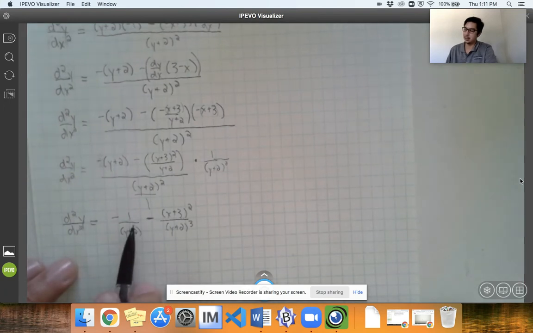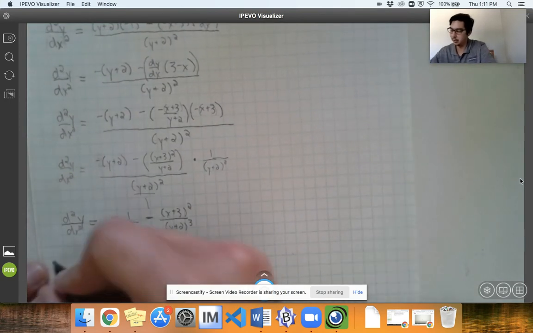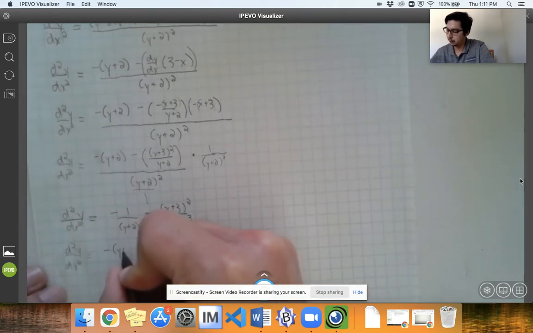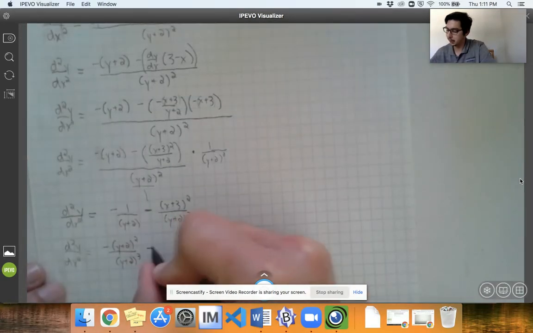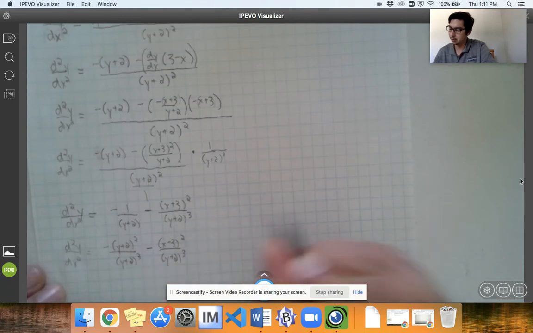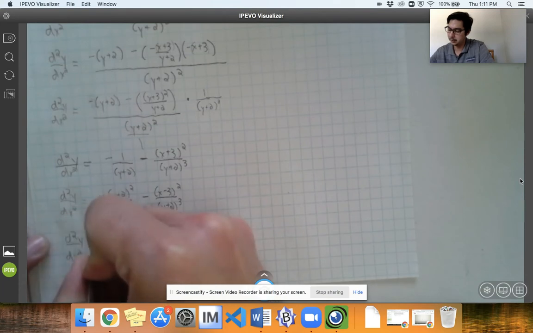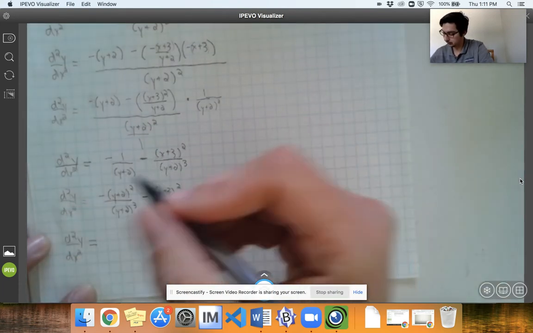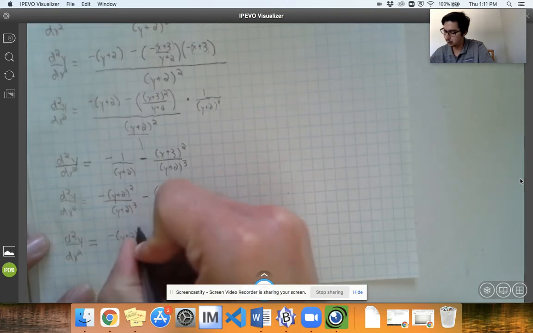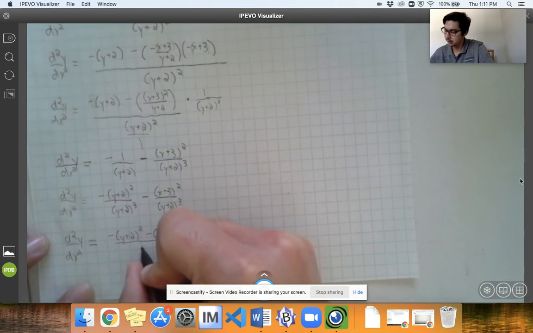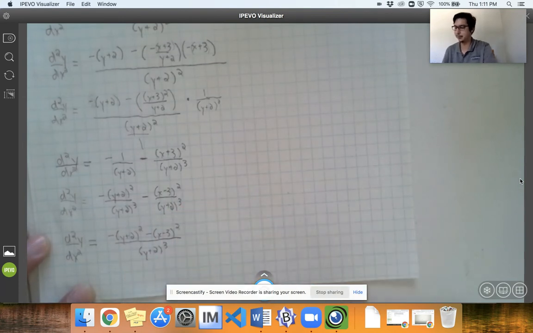And then if I square both of these in order to have common denominators, what I would end up having is negative (y + 2)² over (y + 2)³ minus this. In my final step, I can combine my fractions and have that the second derivative of this circle is given by negative (y + 2)² minus (x − 3)² over (y + 2)³.